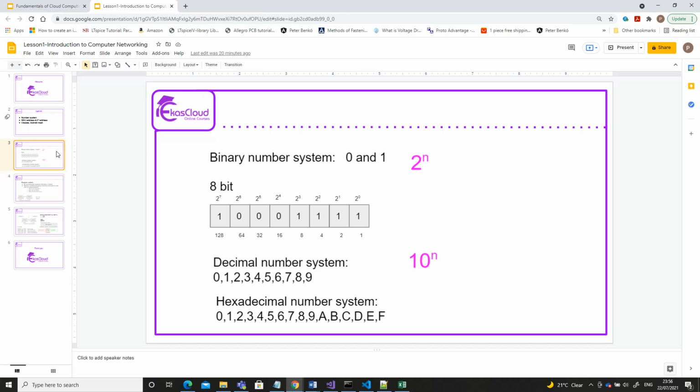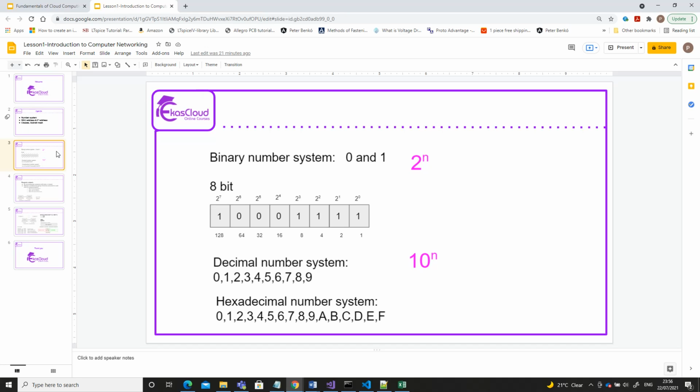So if we start from right to left, the first number on the right is basically 2 to the power 0, which is 1. Then we go next. 2 to the power 1 is 2, 2 to the power 2 is 4, 8, 16, 32, 64, 128. So this is the 8-bit representation of a binary number.